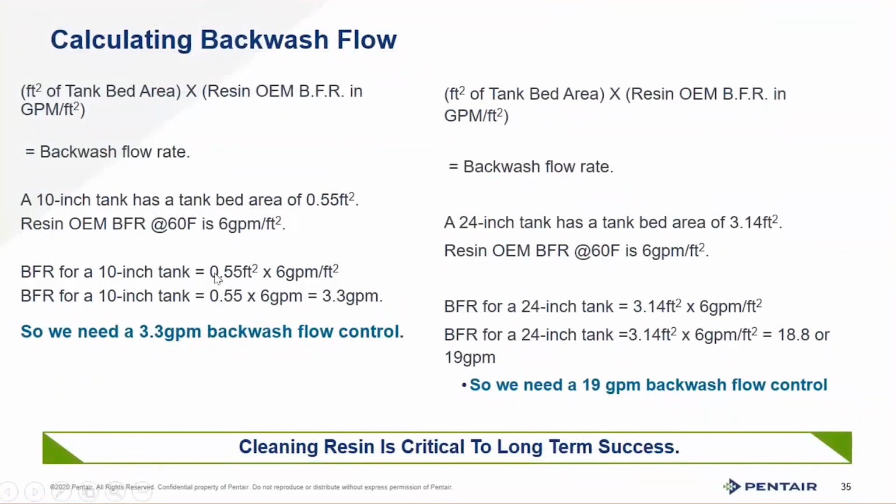I'm going to take 0.55 square feet times 6 GPM per square foot. That's going to give me 3.3 GPM in my backwash flow rate. This is now the size of the flow control I need to select minimum. So I need a minimum of 3.3 GPM backwash flow control.